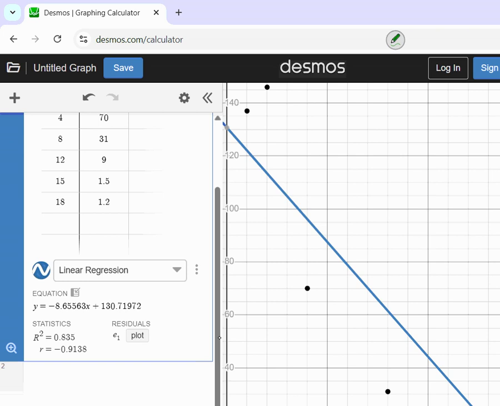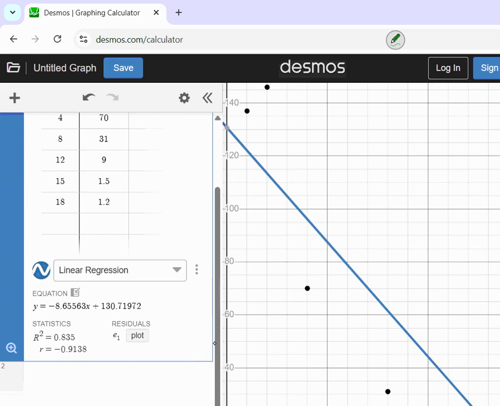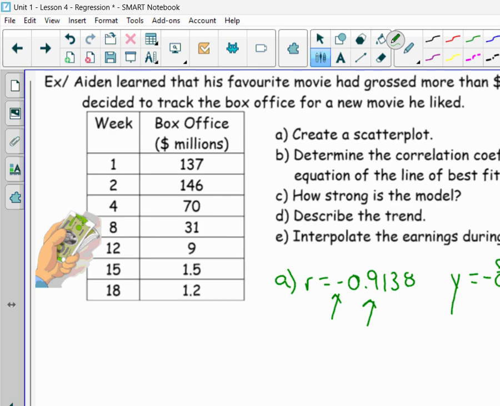Oh no, 130.72. Was it plus or minus? It was plus. Okay, so there's our equation. So it looks like it's going down by this much for every week that goes by. Yes, that's what the X and the Y stand for.